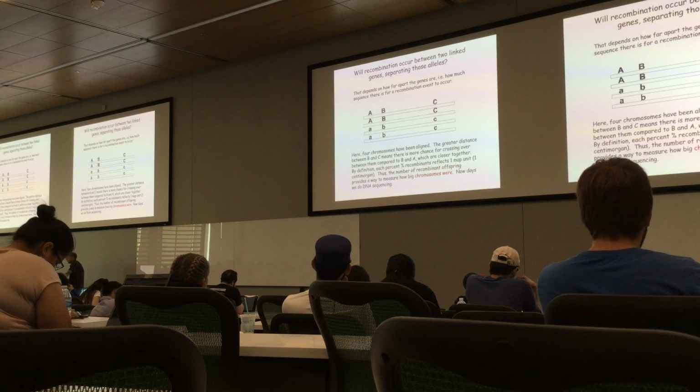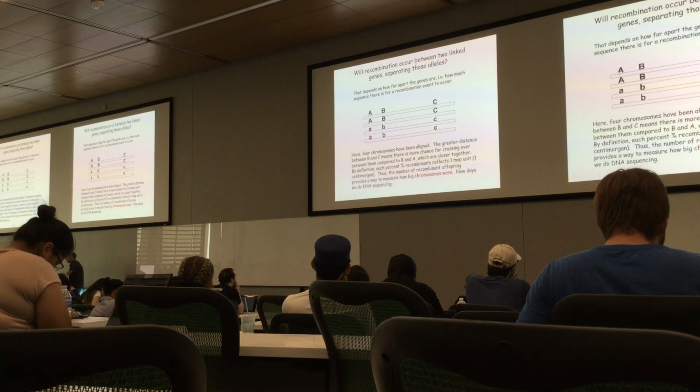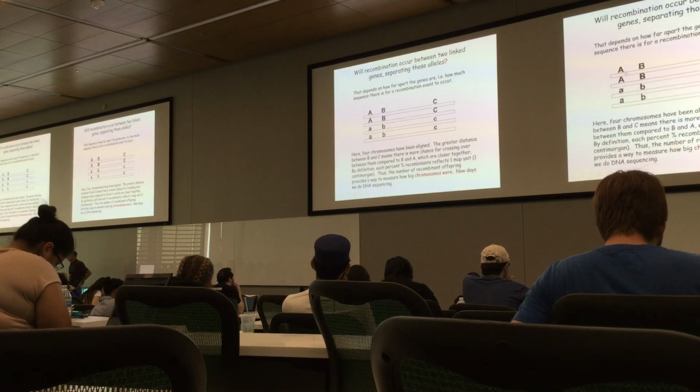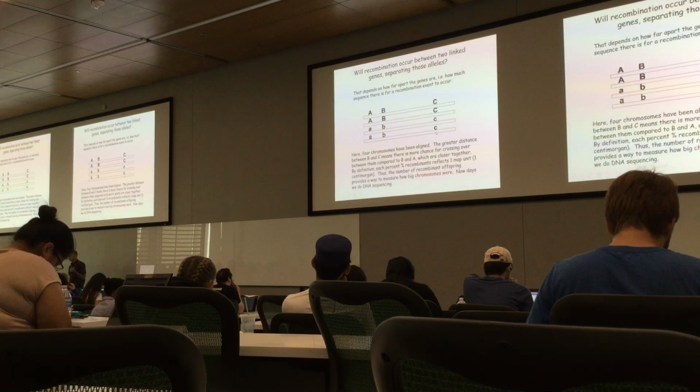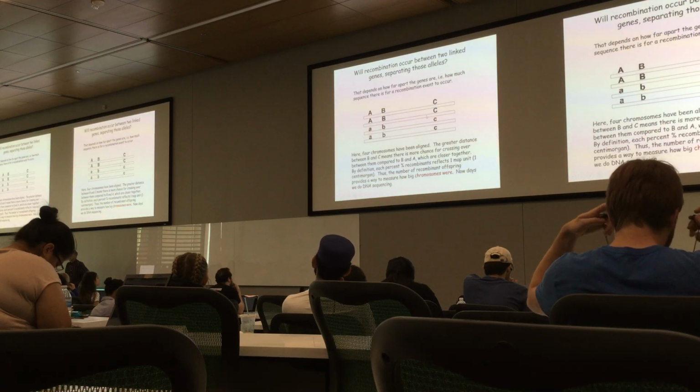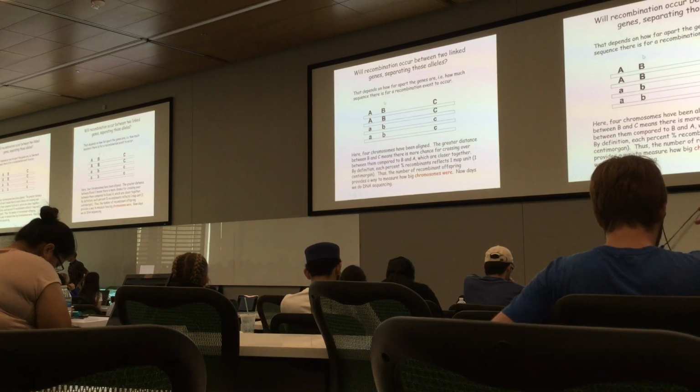So let's say you have a chromosome which has big A, big B, big C, and it's a heterozygote, so the other chromosome has small a, small b, and small c. You duplicate them and line them up in the synaptonemal complex. The question is, what's the likelihood we will see recombination between these sets of genes?